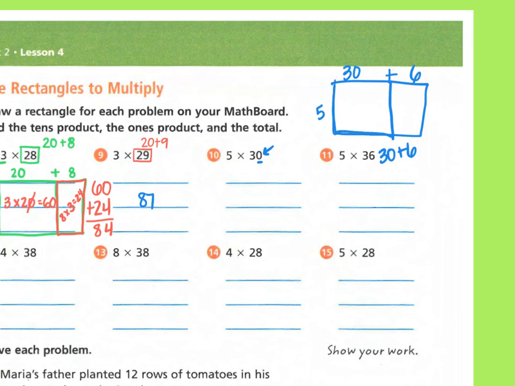Let's focus first on my 10s. 5 times 30 is 150. 5 times 6 is 30. Now I'm going to add those two numbers up. 150 plus 30 is 180. 5 times 36 is 180.